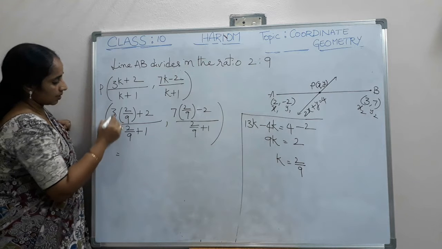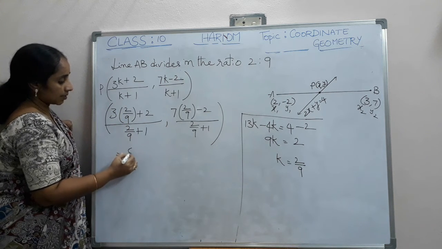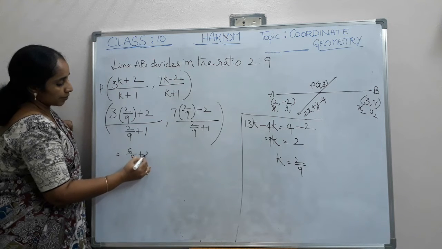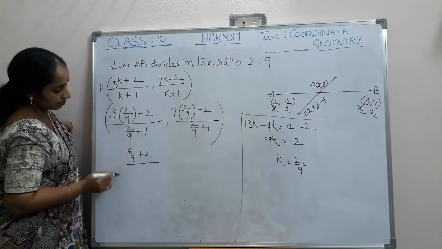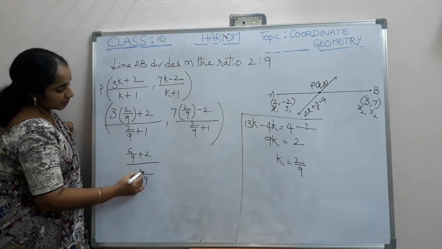That is 6 by 9 plus 2 by, take LCM 9, 2 plus 9.